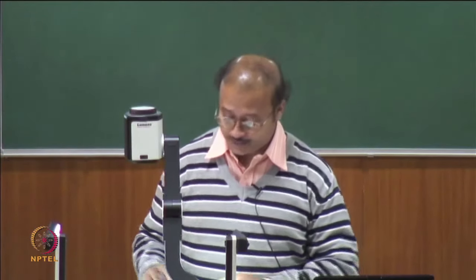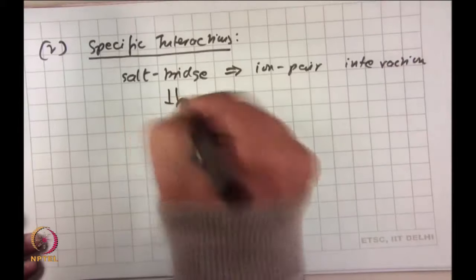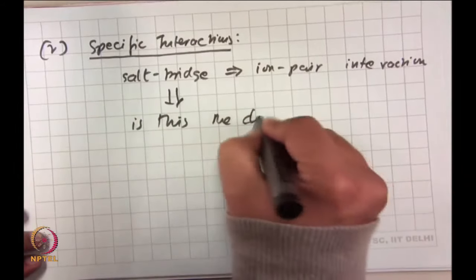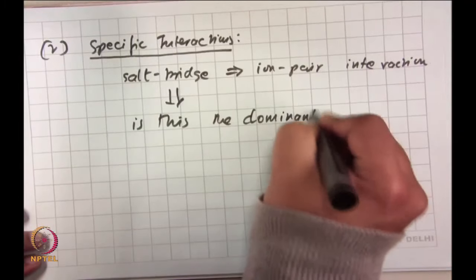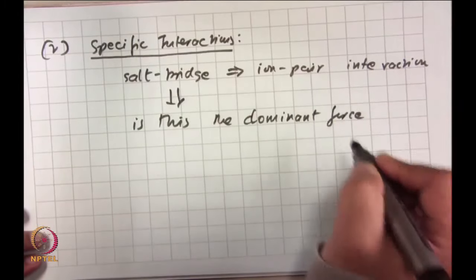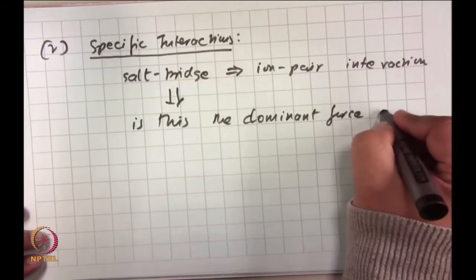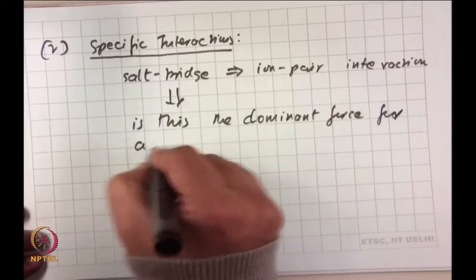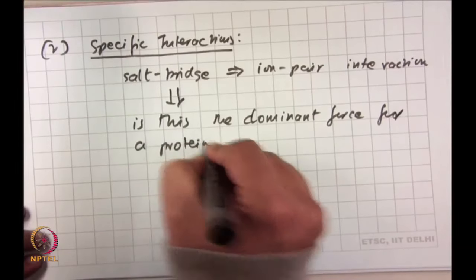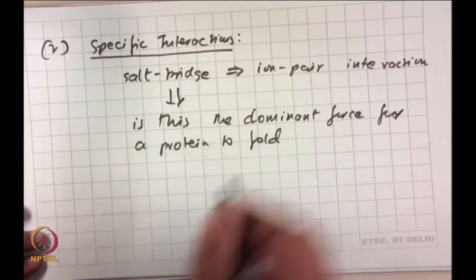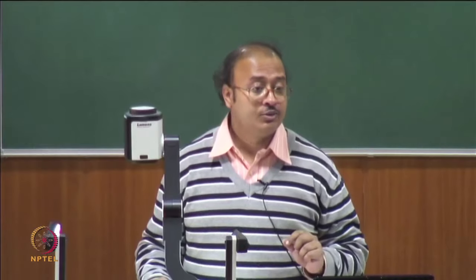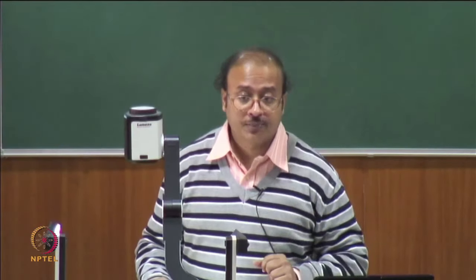But the question we are asking is, is this the dominant force for our protein to fold? How can we think about this? Let us try to argue this fact.